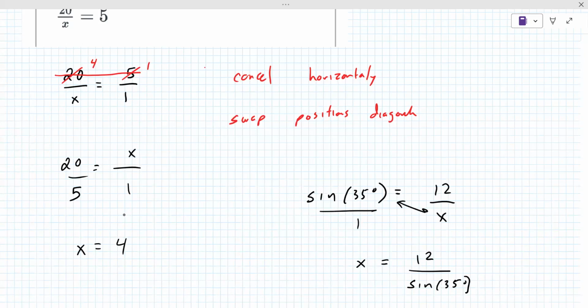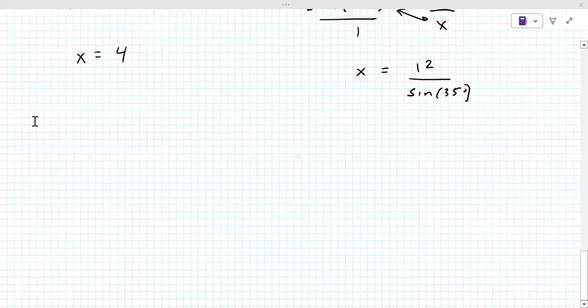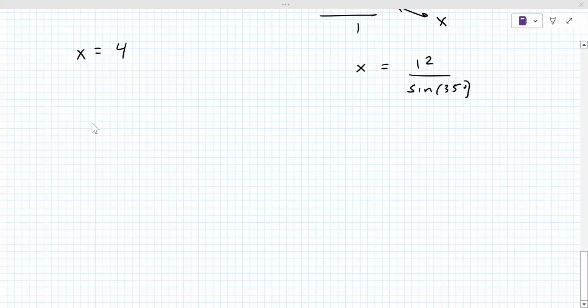These are things that will save you a ton of time on those standardized tests that you probably get tired of seeing. All right, back to 4 here.